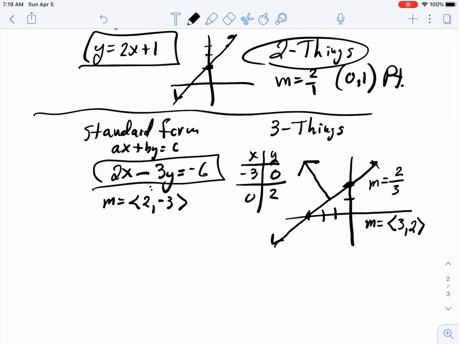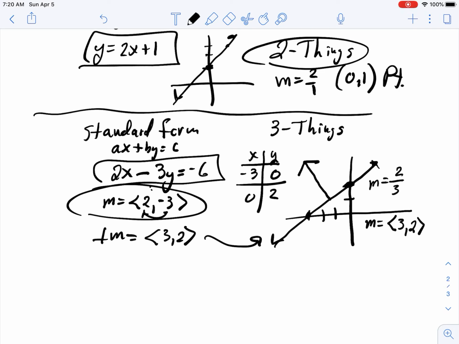So the slope here is written as 2, negative 3. Now, one of the things that's taught in geometry is rotating things around by 90 degrees. So they teach them to switch the x and y around and change the y value. So the perpendicular of this, if I switch these two around and change my y value, I would have 3, 2.